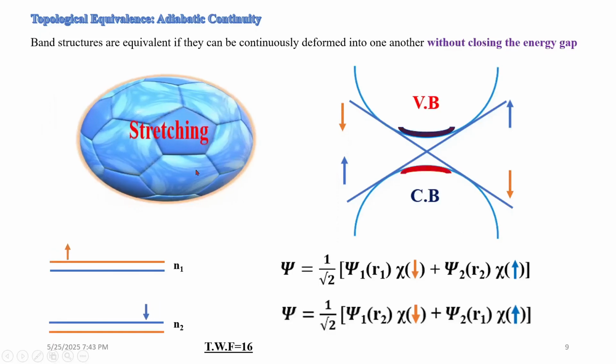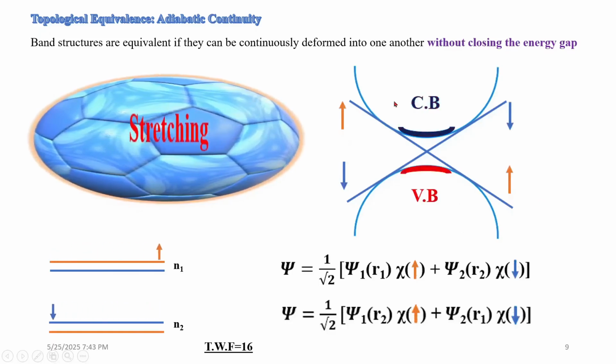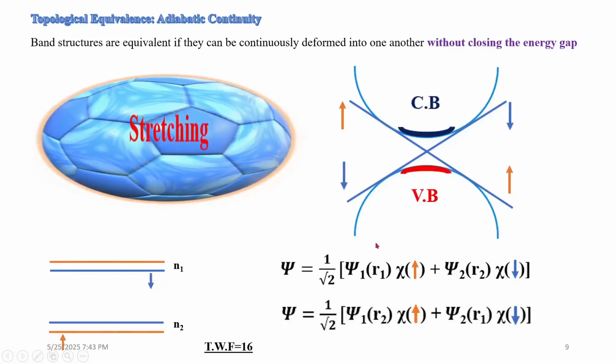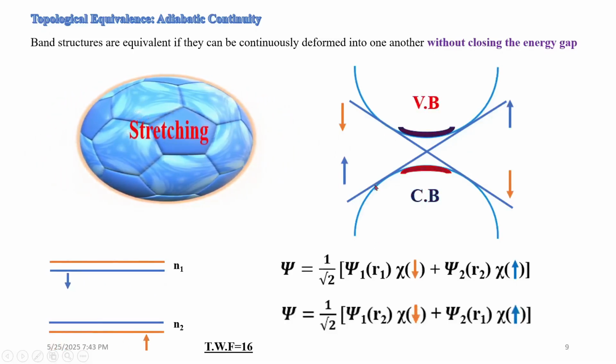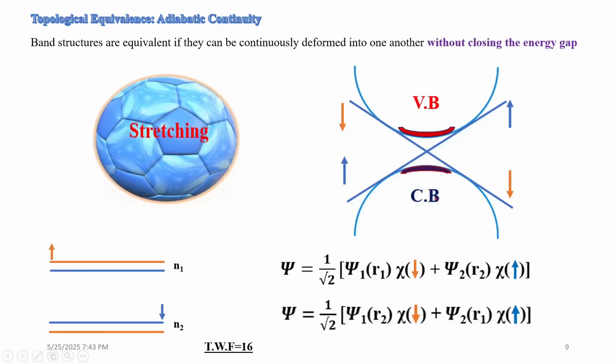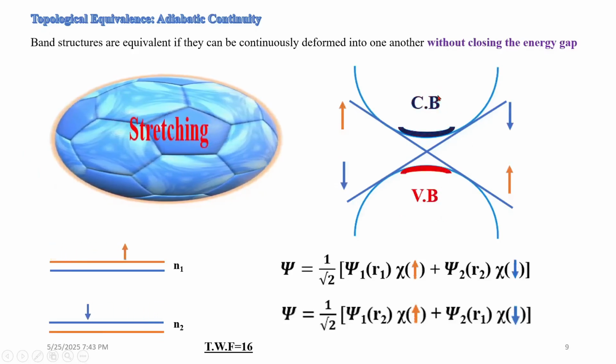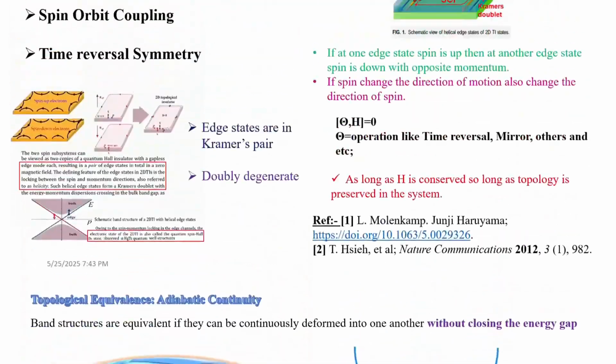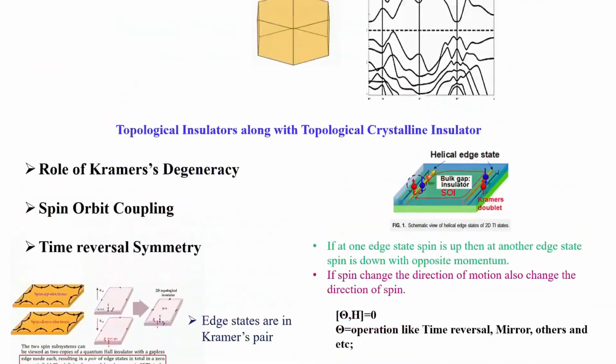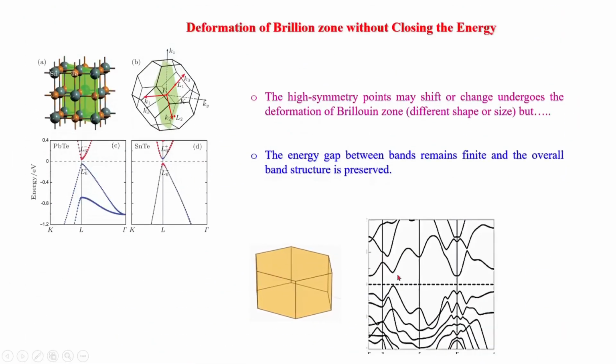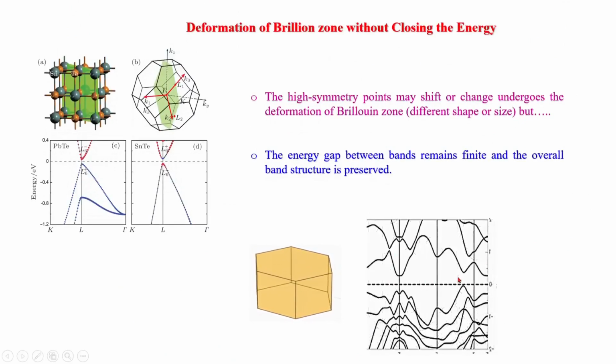So this is topologically protected. And in the band diagram of the topological materials, the bands are continuous in the deformation process, either valence band to conduction band, as we told in the previous slides. Like this, the band diagram is in continuous deformation across the symmetry points.